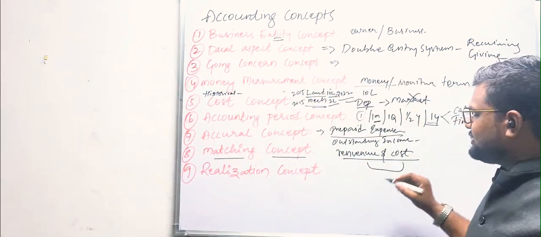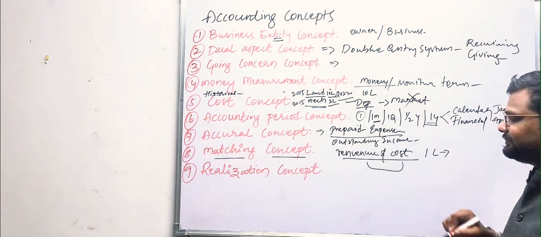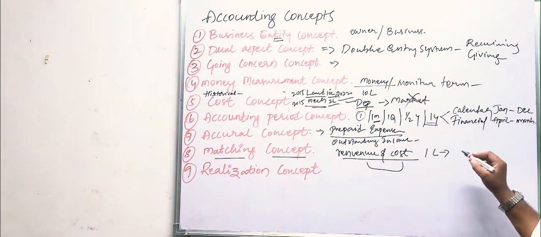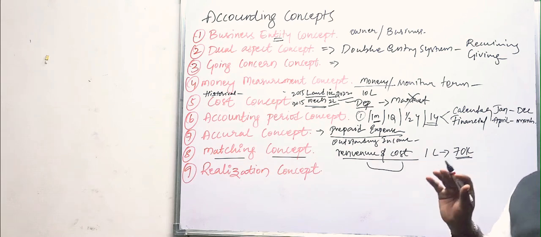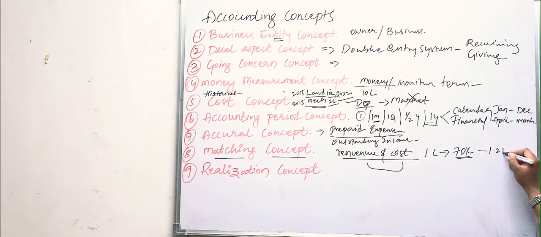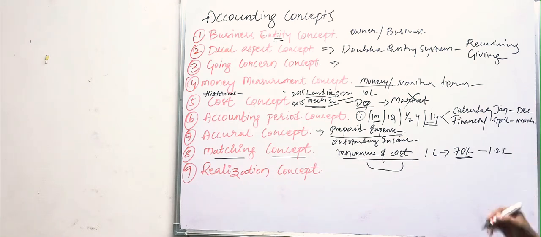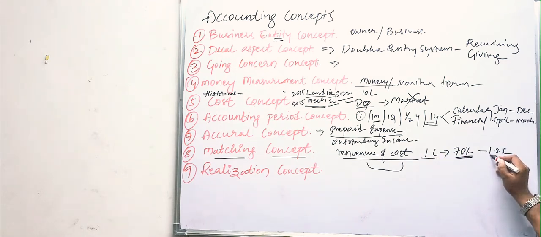You purchased goods worth 1 lakh, and you sold goods worth 70,000 rupees for 1,20,000, that is 1.2 lakhs. Of the 1 lakh purchased, 70,000 you sold for 1.2 lakh.